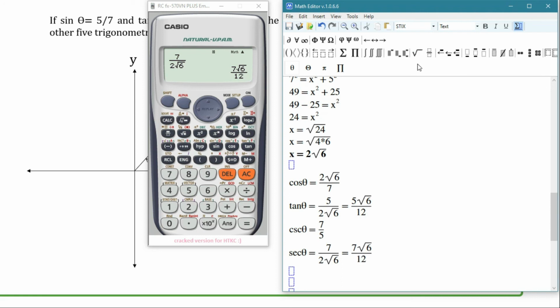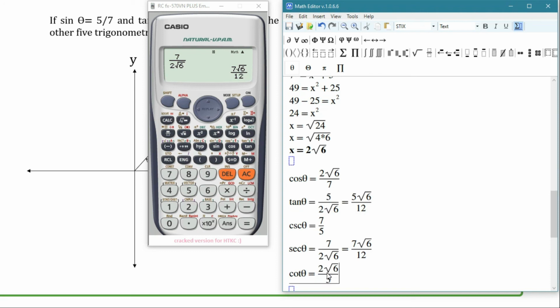And the last function would be the cotangent function, which is just the reciprocal of the tangent function, and that would be 2 square root of 6 over 5.